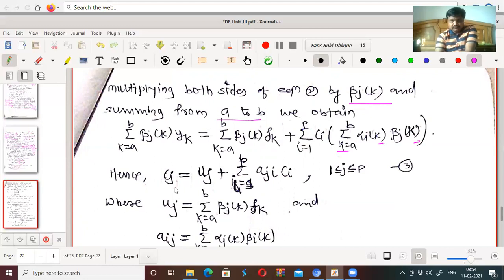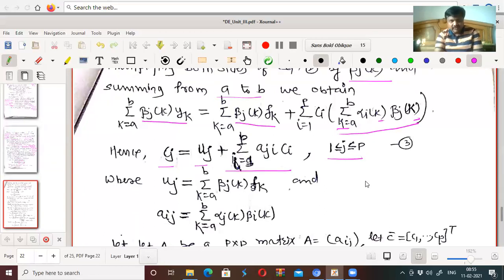Hence, now see: summation k from a to b beta j k y k, summation k from a to b beta j k f k, and summation i from 1 to p c i, summation k from a to b alpha i k beta j k. So c j equal to u j plus summation i from 1 to p a j i c i, for 1 less than or equal to j less than or equal to p, where u j is equal to summation from k equal to a to b beta j k f k.